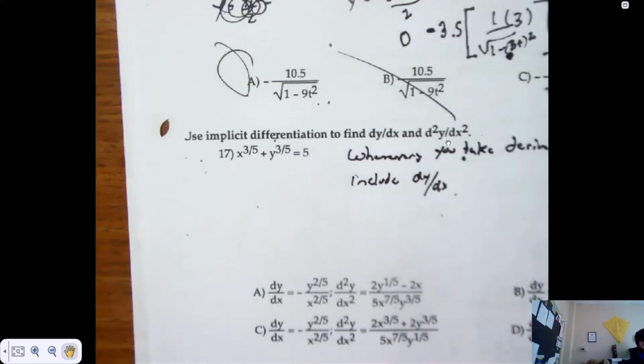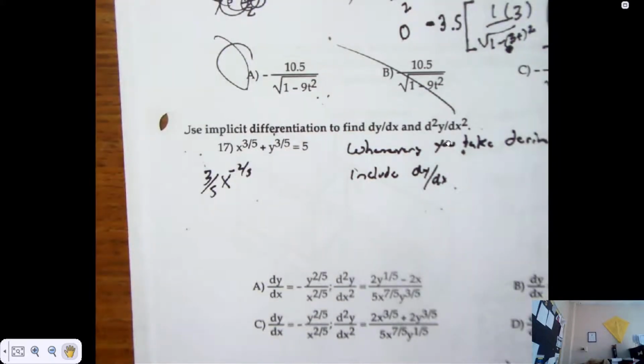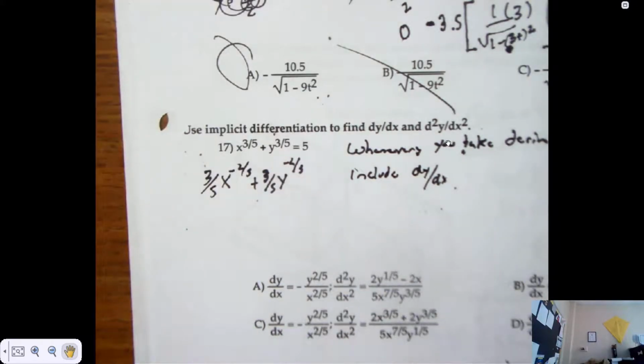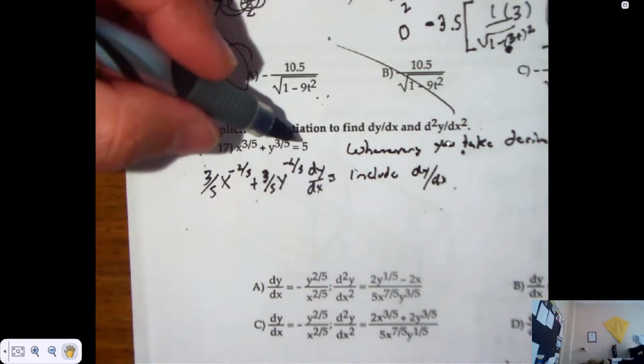So the derivative of x to the 3/5 is going to be 3/5 x to the negative 2/5, the subtraction of 1. The derivative of y to the 3/5 is going to be 3/5 y to the negative 2/5, but I took the derivative of y, so I have to state dy dx. And that is equal to the derivative of a constant, which is always going to be 0.